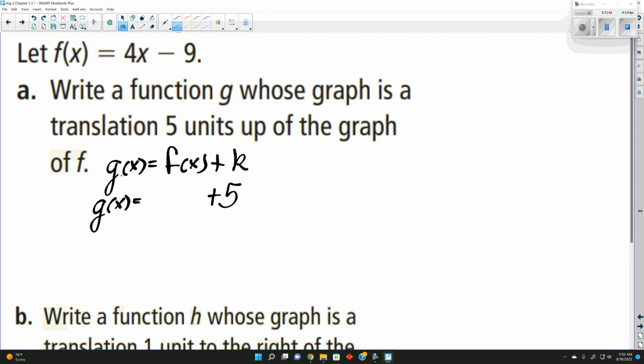So the value of k is going to be positive 5, so we have plus 5. Now we still have f of x. It's still just f of x. And our function this time is 4x minus 9. So we're going to replace this f of x with 4x minus 9.